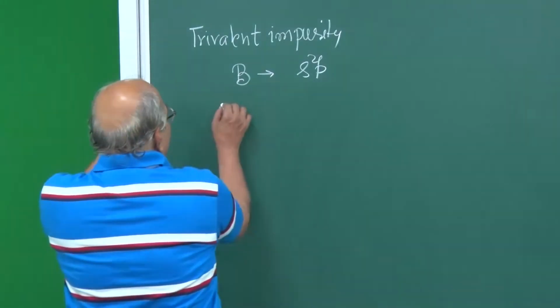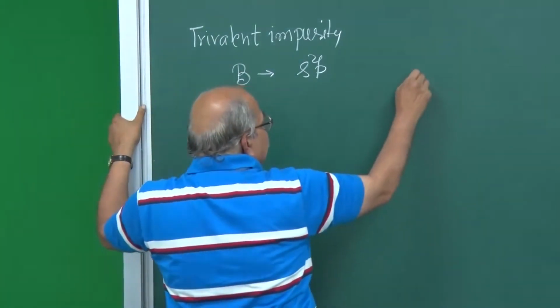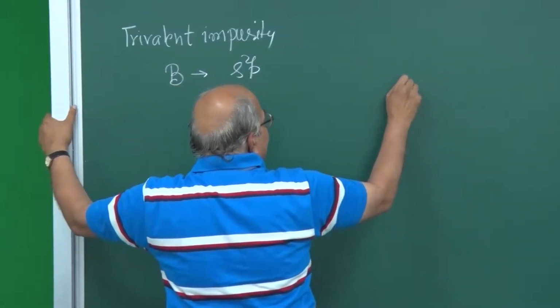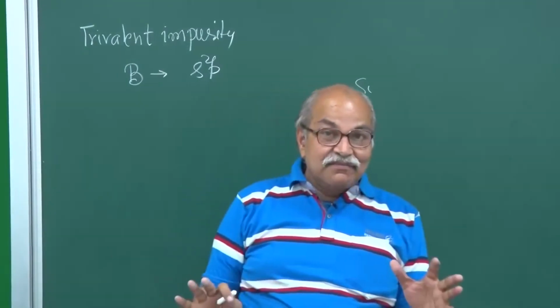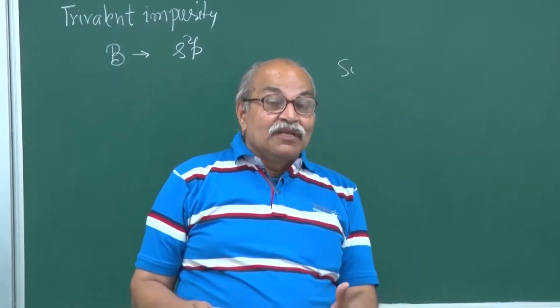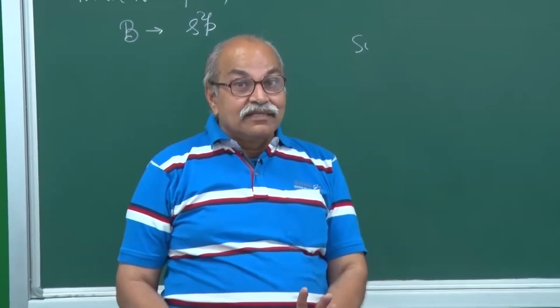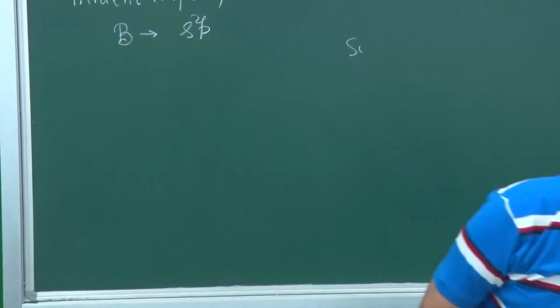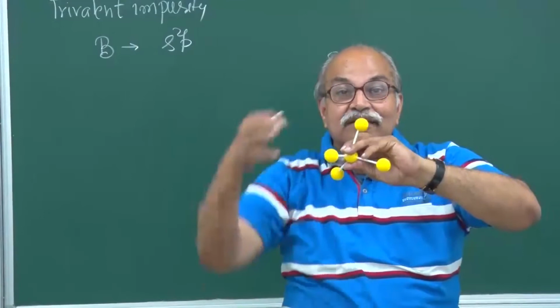So if this is doped in silicon, what will happen? Suppose you have this silicon crystal, and once again doping is a very sophisticated metallurgical process. You have to retain that silicon crystal structure, the structure that is there. This is this kind of structure, in the entire 3 dimensions.